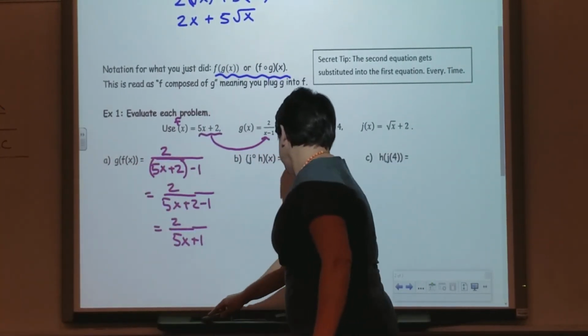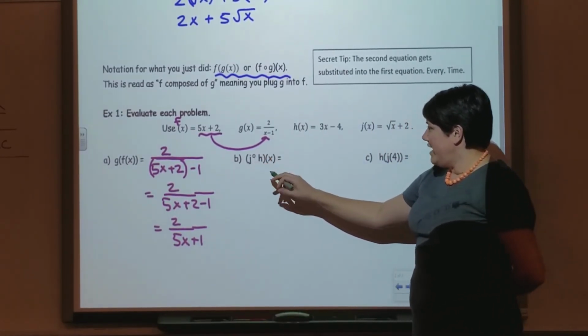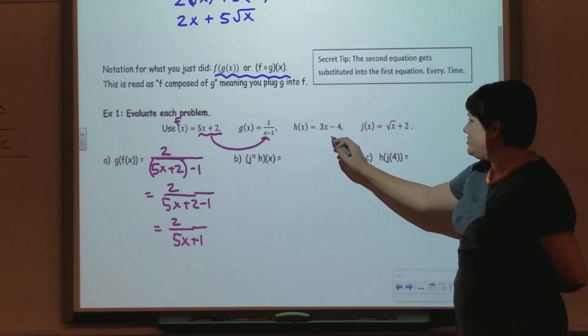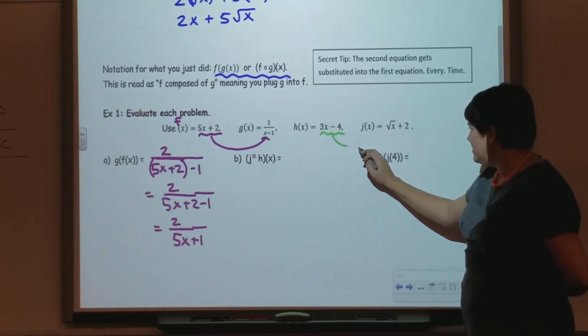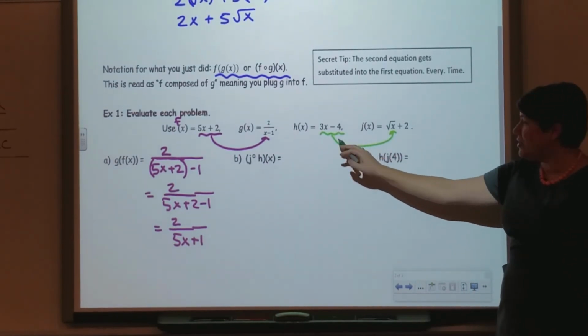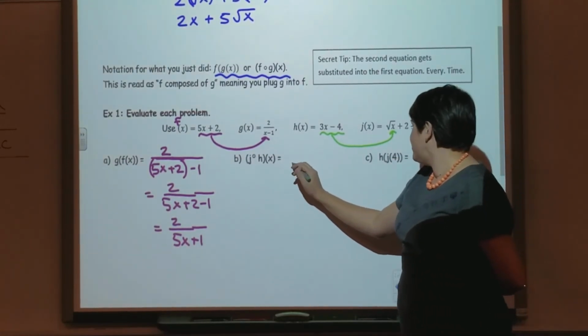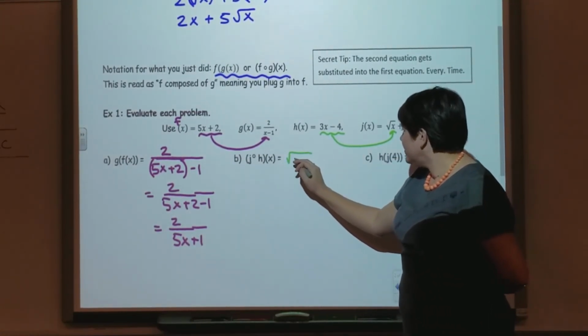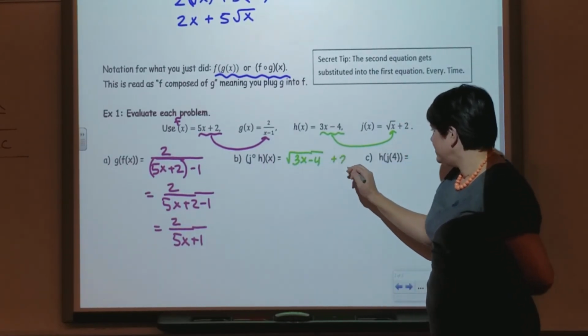For letter B, so we have g of h, so we're plugging the h, this function, in for j, so this x right here, okay? So you're plugging the 3x minus 4, everything goes under the radical. And then you're left with radical 3x minus 4 plus 2.